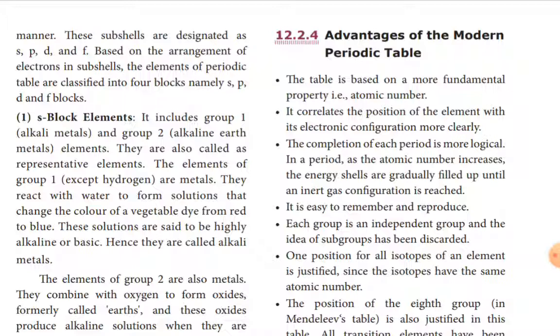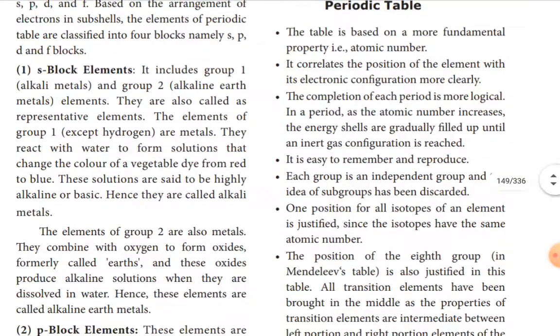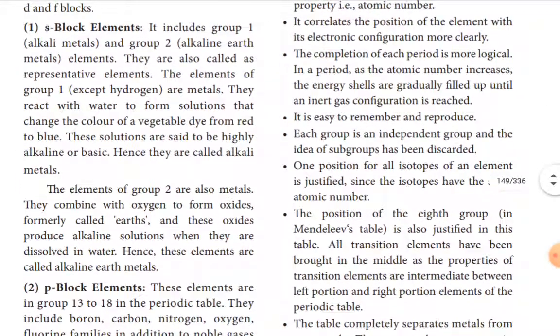Second point, it correlates the position of the element with its electronic configuration more clearly. The atomic number, that is the number of protons and electrons, plays a very important role in the properties and electronic configuration. So it gives the clear position of the element in the periodic table. Then the completion of each period is more logical.